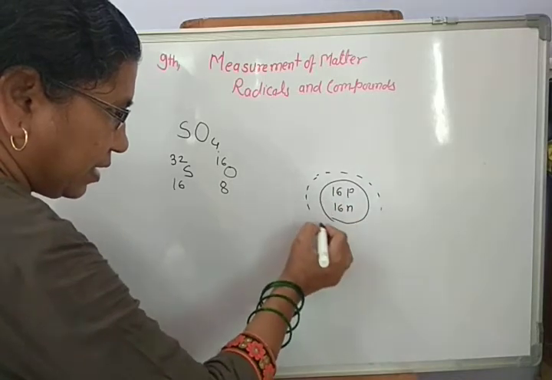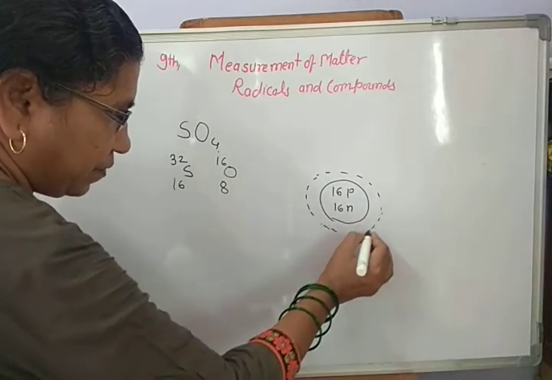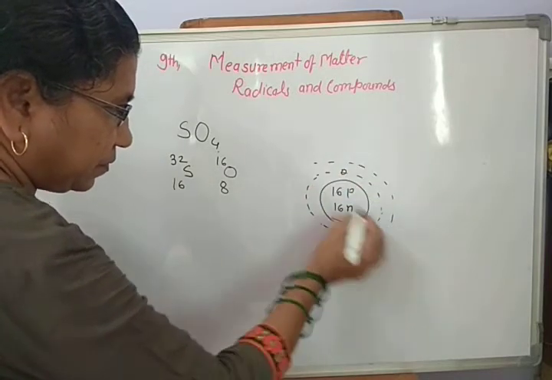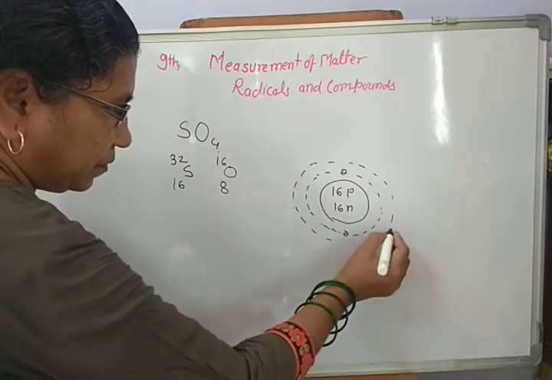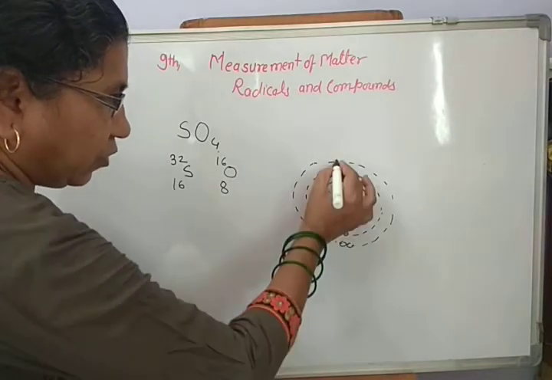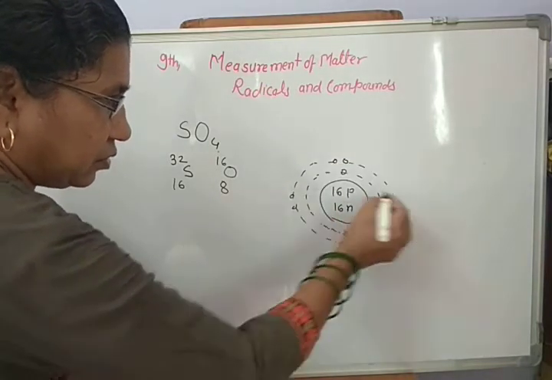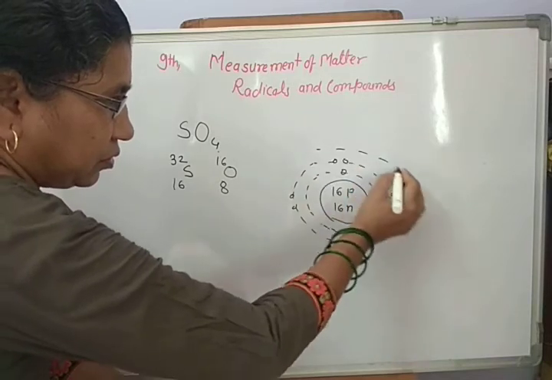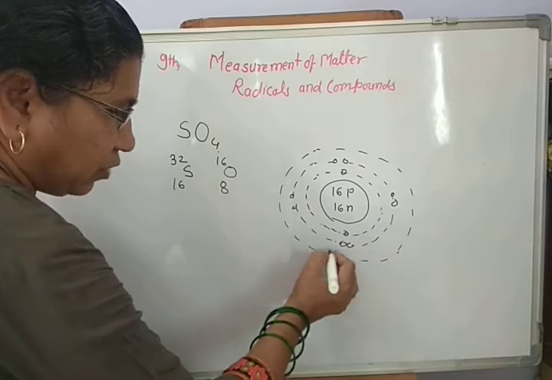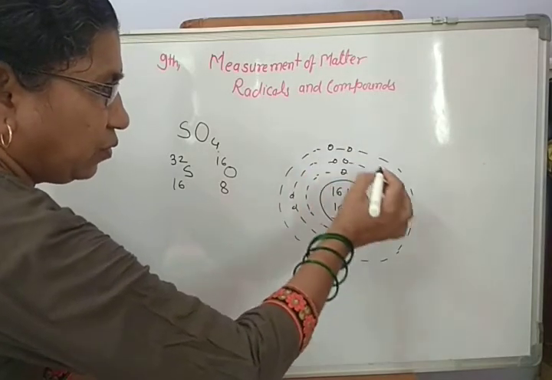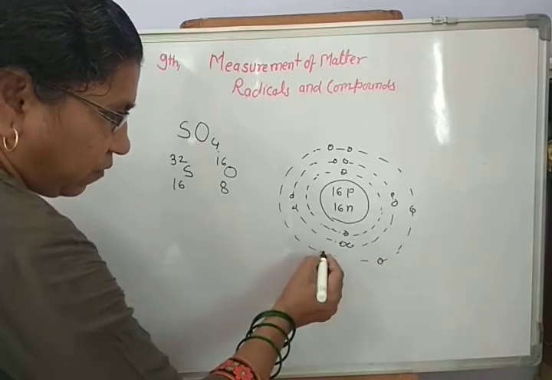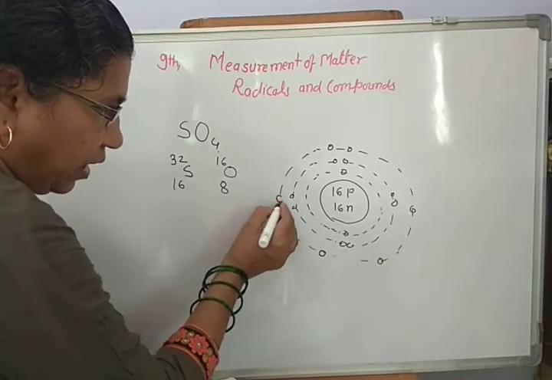There are 2 electrons, here 8 electrons. Now there are only 6 electrons: 1, 2, 3, 4, 5 and 6.